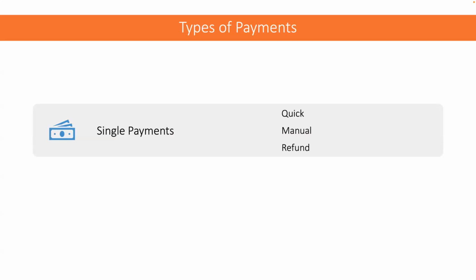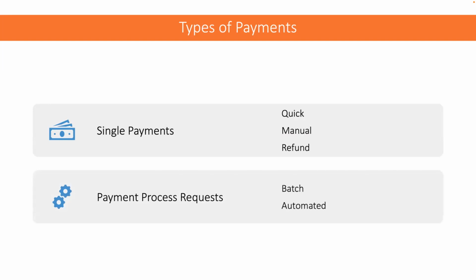Two main types of payments. You have the quick payments or single payments, or what you call the manual payments as well. So these are the single payments. And then you have the payments, which is formed from the payment process request. So with the payment process request, it can be batched and it can be automated.